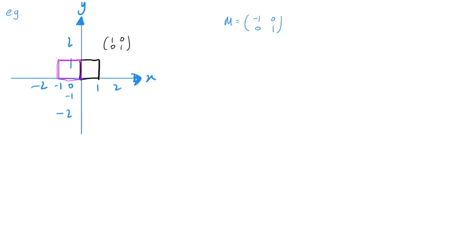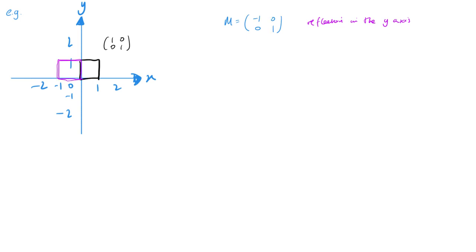So a reflection in the y-axis. So this point goes from (1, 0) to (-1, 0).